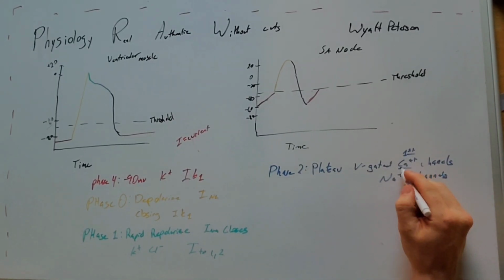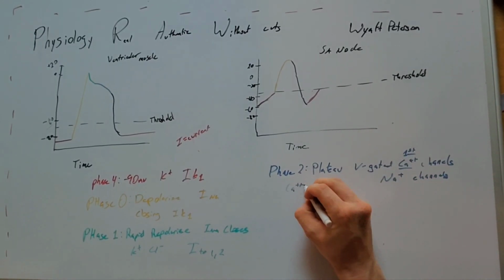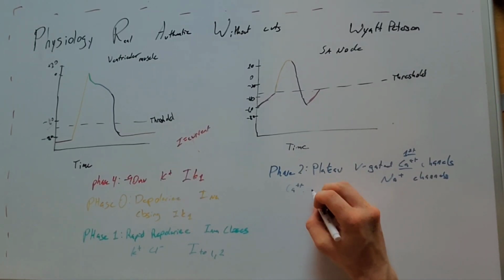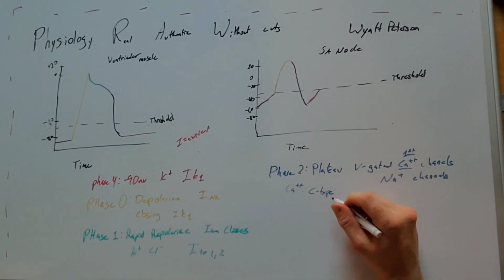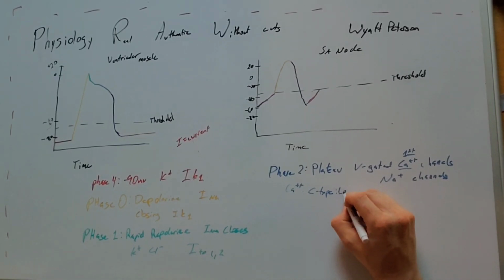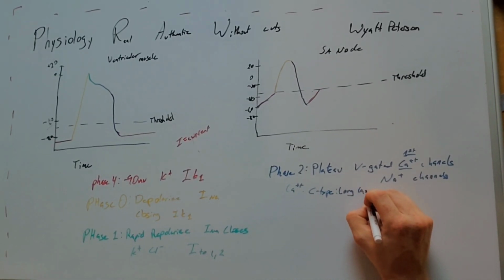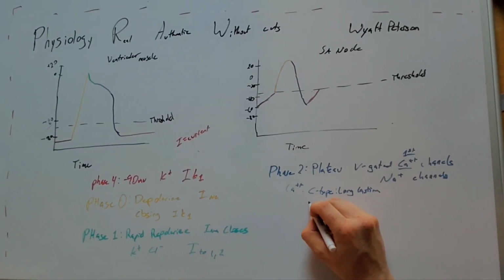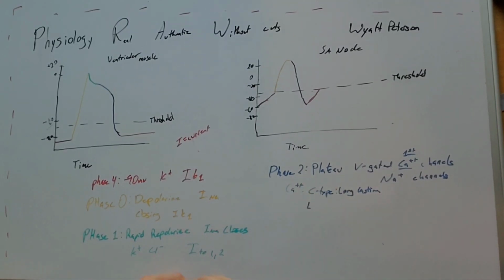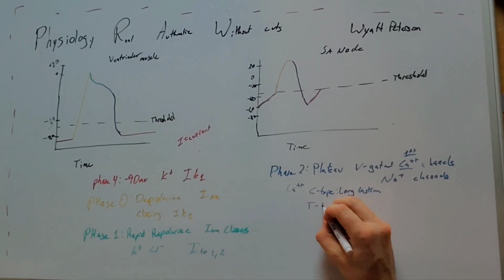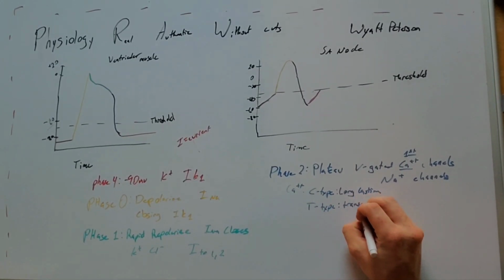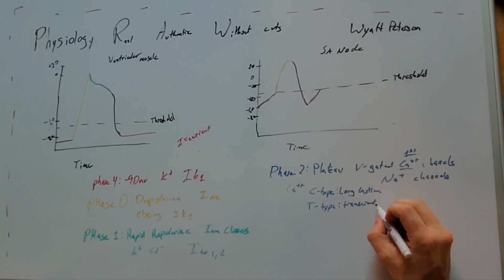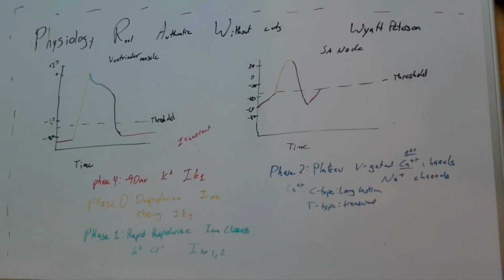Then there's 2 types of the calcium channels. There's the L type, which is long-lasting, and then there's also these T type, which is transient. So they don't last as long. So those are a little bit shorter.